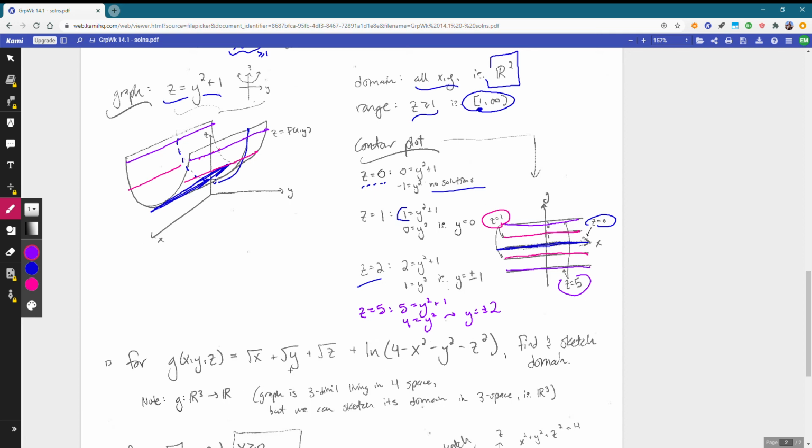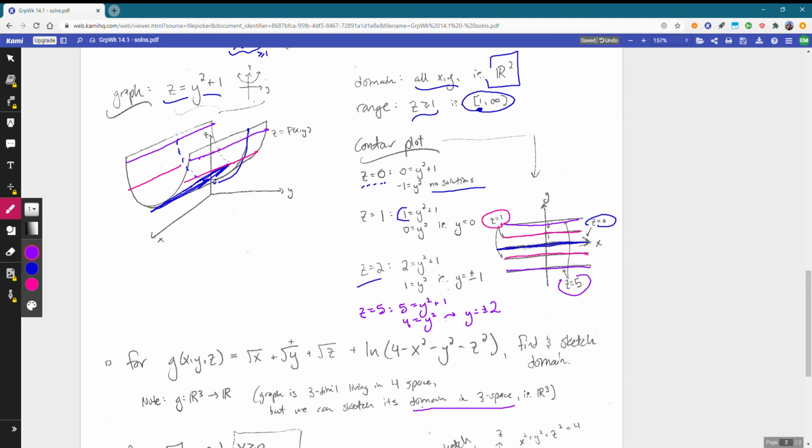And so its graph would actually naturally live in 4 space. I was just thinking, a function of 2 variables, its graph naturally lives in 3 space. A function of 3 variables naturally lives its graph in 4-dimensional space. So we can't really graph all of that at once, but we can sketch its domain in 3 space.